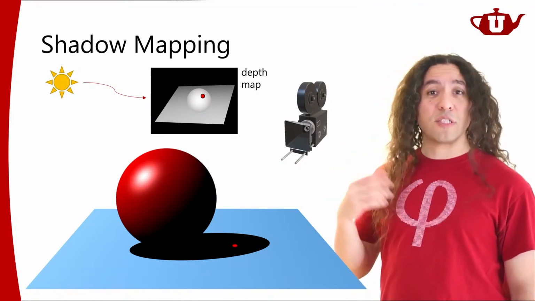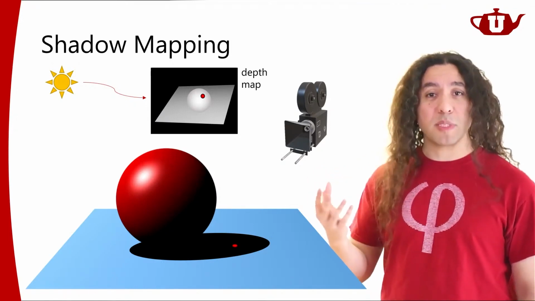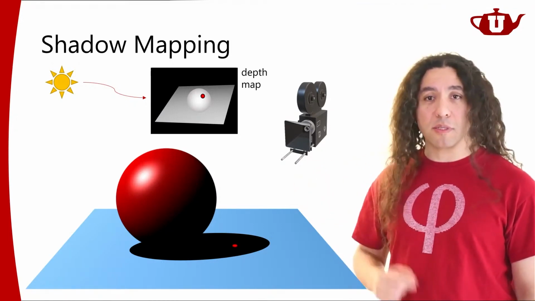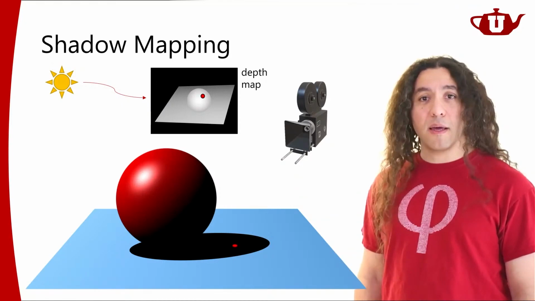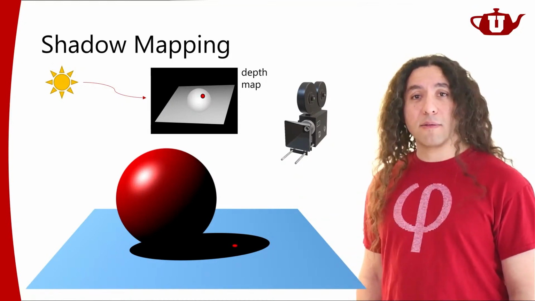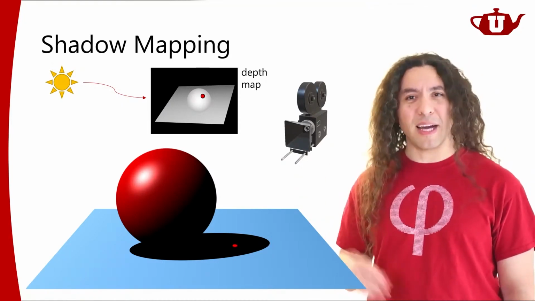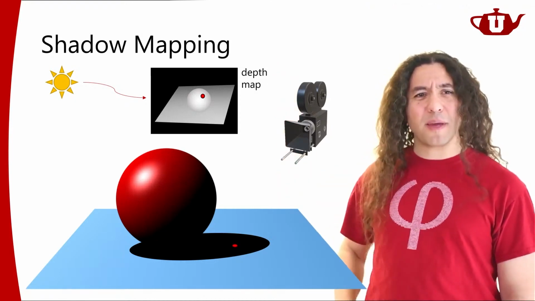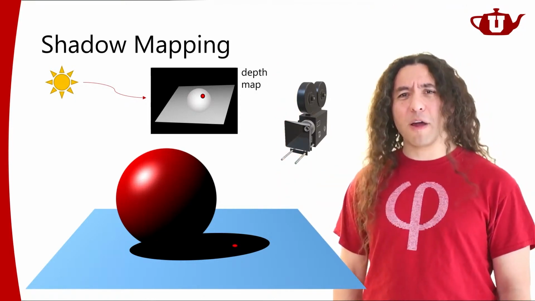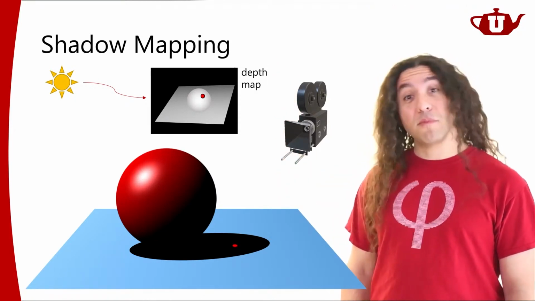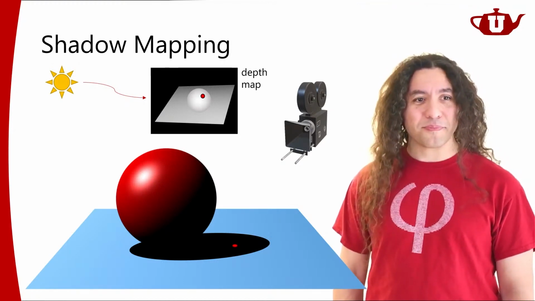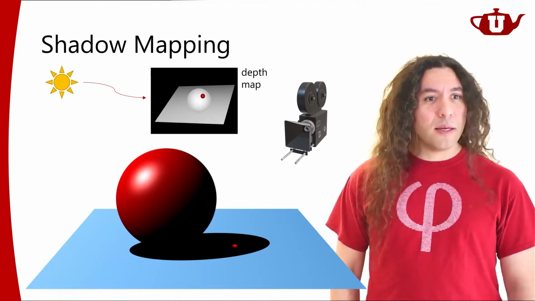So ray trace shadows is actually a more general concept that can be applied to a whole bunch of light sources, and that's another reason why ray trace shadows are increasing in popularity. I still think shadow mapping is probably the most common way of computing shadows today, but ray trace shadows are catching up for good reason.